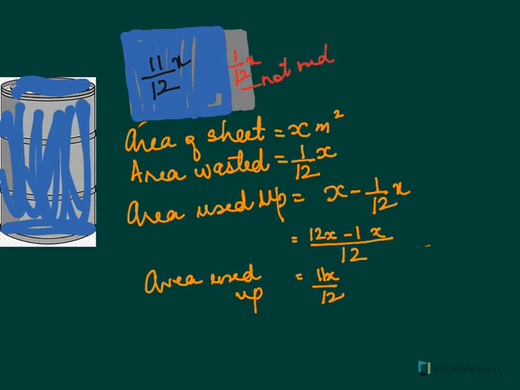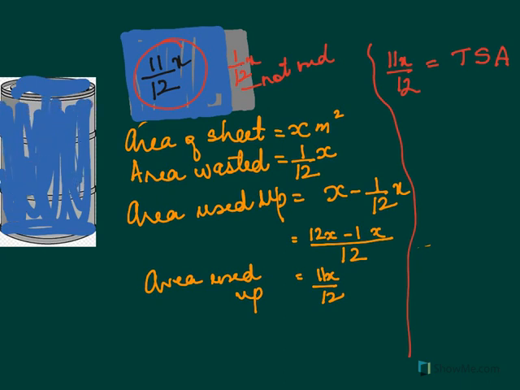So we can say 11x/12 is equal to the TSA. It is this 11/12 that is converted into the TSA of this cylinder, while the 1/12 is not used.